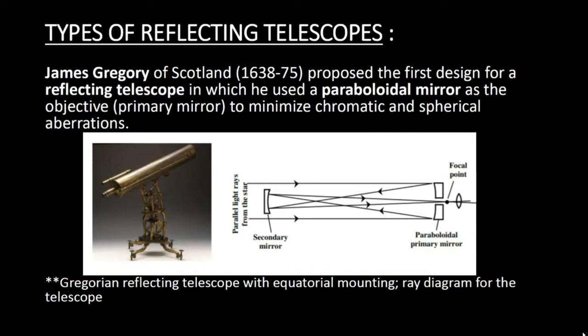Now let's see the types of reflecting telescopes. The first one was made by James Gregory of Scotland. He proposed the first design for reflecting telescopes in which he used a paraboloidal mirror as the objective, that is the primary mirror, and the purpose was to minimize the chromatic and spherical errors or aberrations. Here you can see the ray diagram of the telescope given by Gregory.